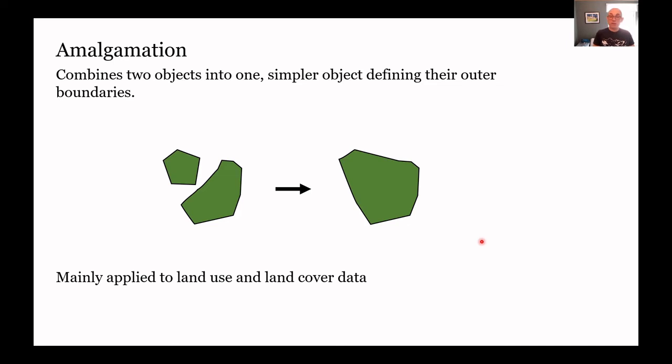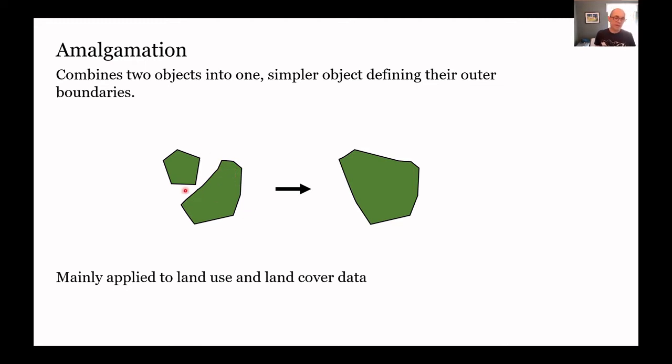We can apply a similar concept, something called amalgamation, where we take 2 parts or 3 parts or multiple parts of an object and just push them together into one thing. Get rid of the gaps in between. We're saying that generally in this area, it's all this green thing, it's woodland.